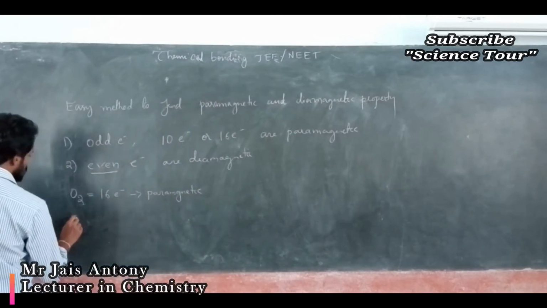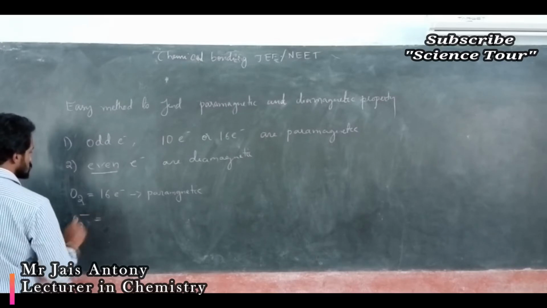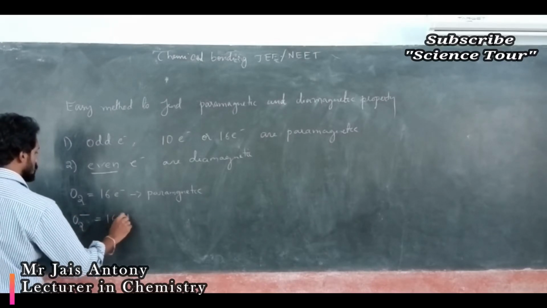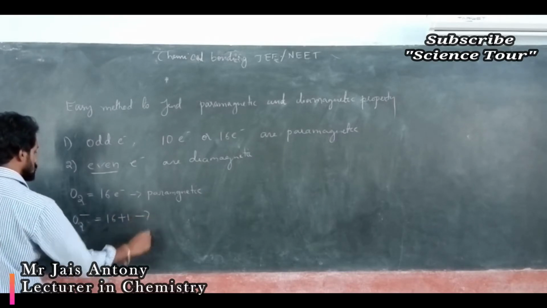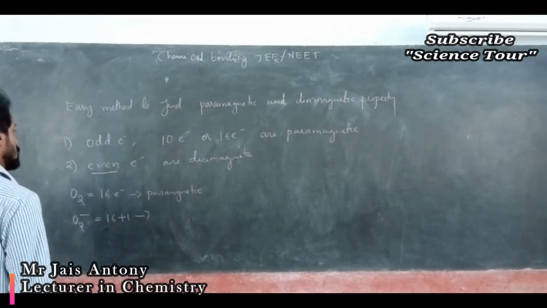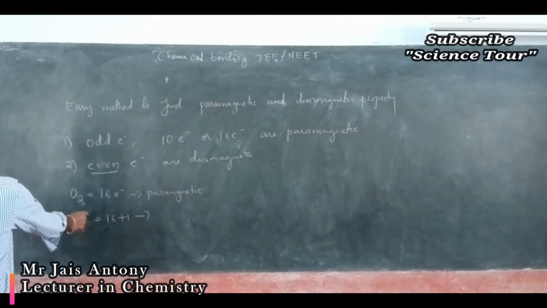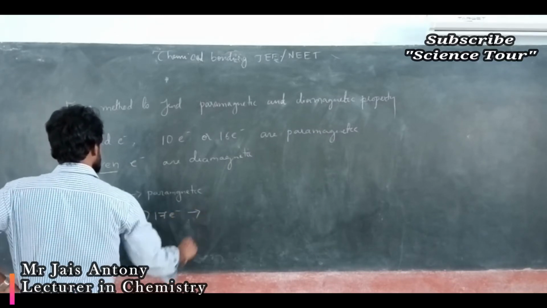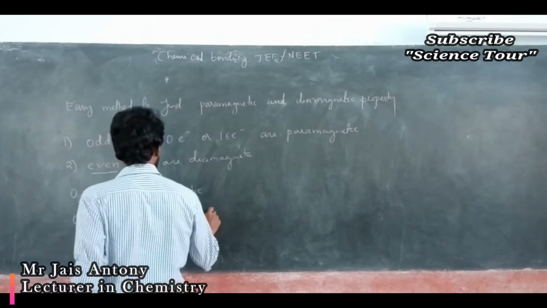O2 minus, my dear students. Here 16 plus 1, 17 electrons, because an extra 1 electron is there. 16 plus 1, 17 electrons. This is paramagnetic.